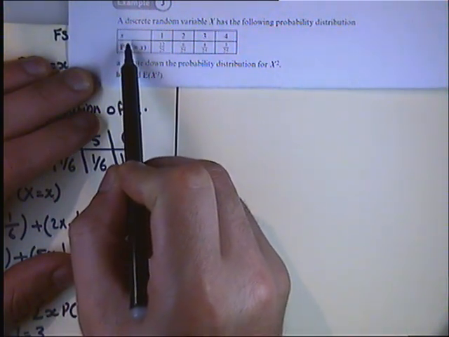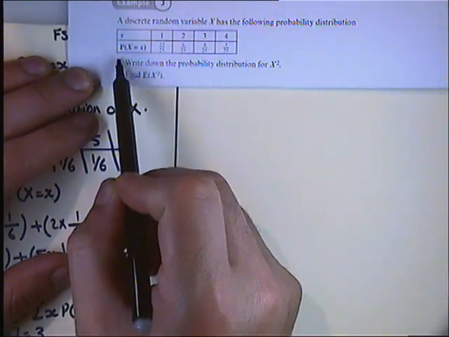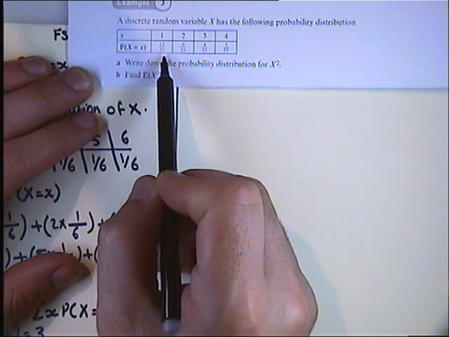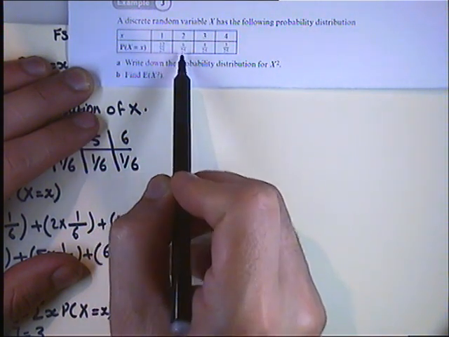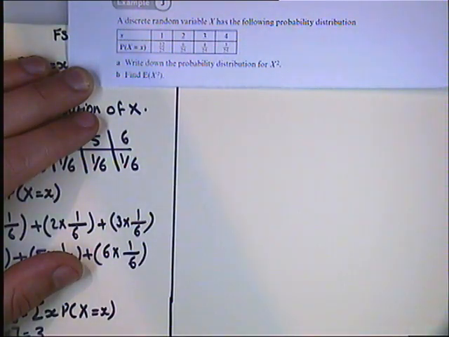The possible outcomes of x are 1, 2, 3, and 4. The probability of random variable x equals 1 is 12 over 25, 2 is 6 over 25, 3 is 4 over 25, and 4 is 3 over 25. Write down the probability distribution for x squared.